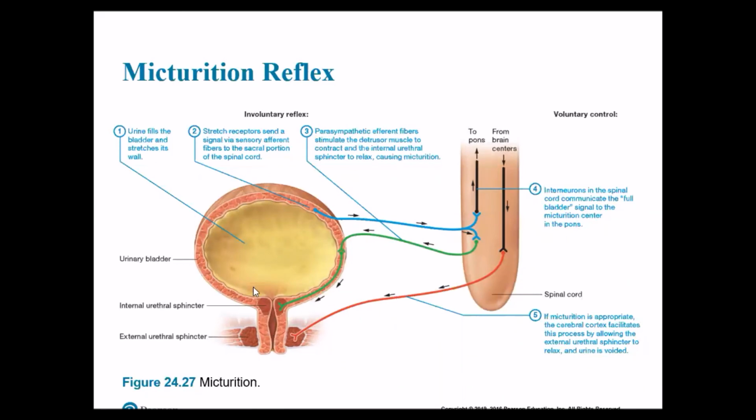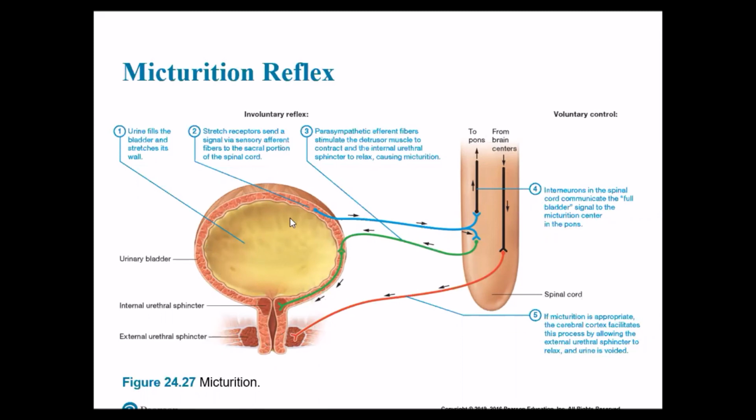But you have to be able to control this, right? So your brain has to send a direct signal from the brain through the spinal cord to the external urethral sphincter to get it to relax. And so this is the voluntary control of the diagram. This is the involuntary over here.